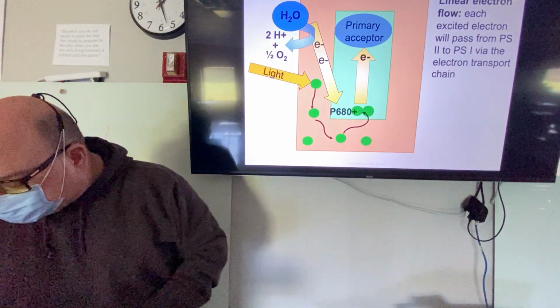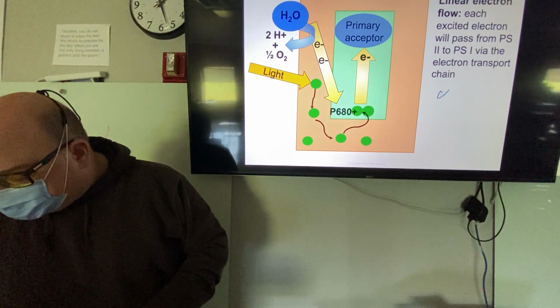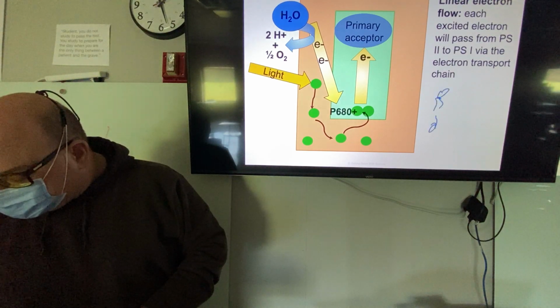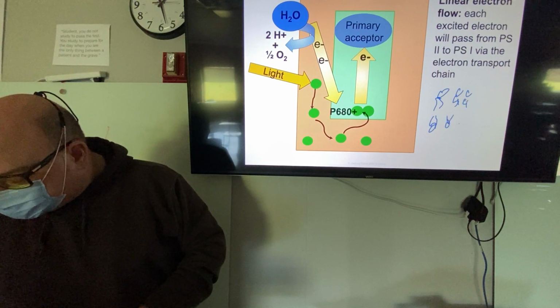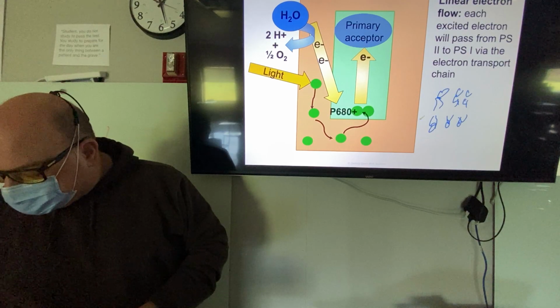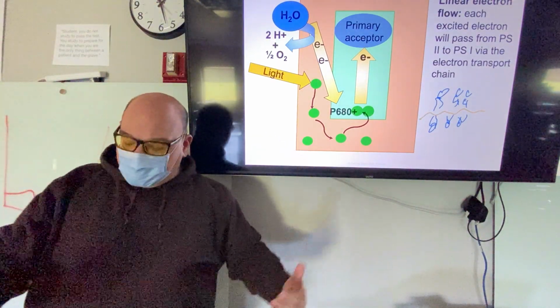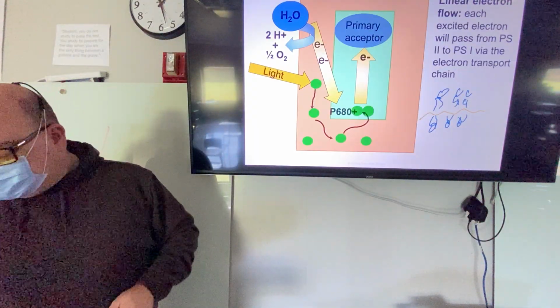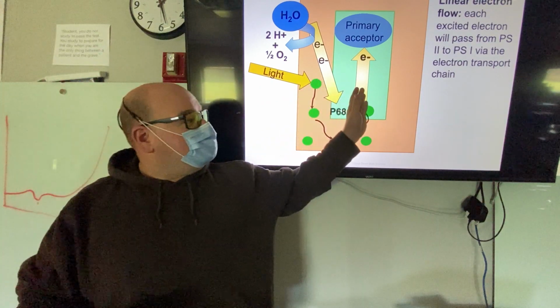And that electron transport chain, we'll see a little bit later, but it's actually, here's my membrane. The electrons actually travel in between the phospholipid bilayer of the thylakoid membrane. So where do these electrons go?